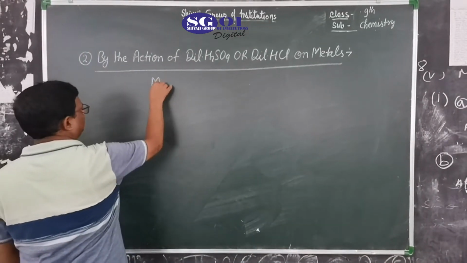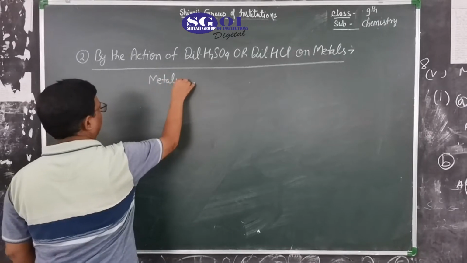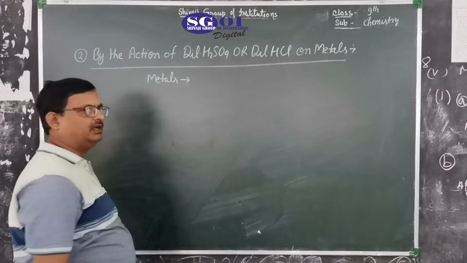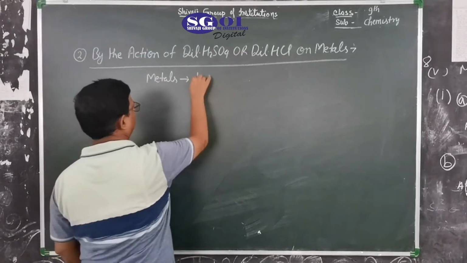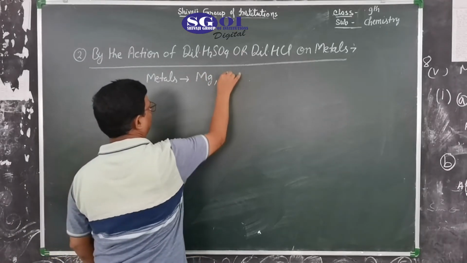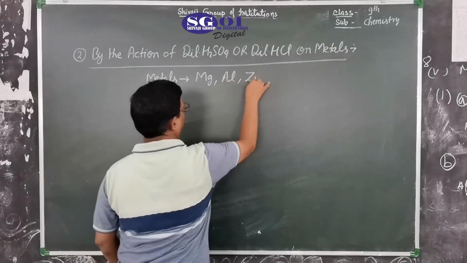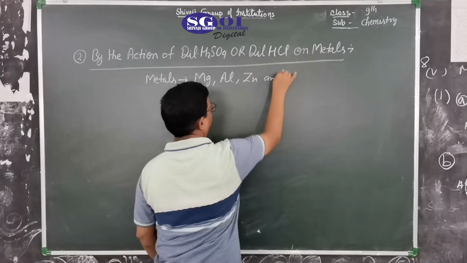Which metals? Metals like magnesium, aluminium, zinc, and iron.